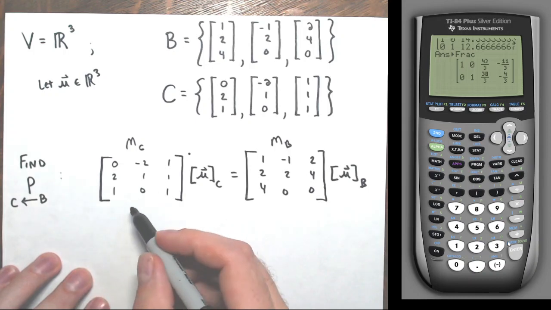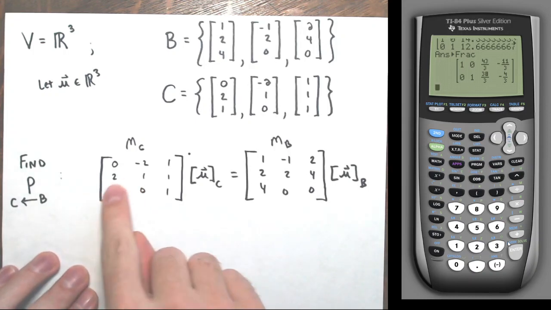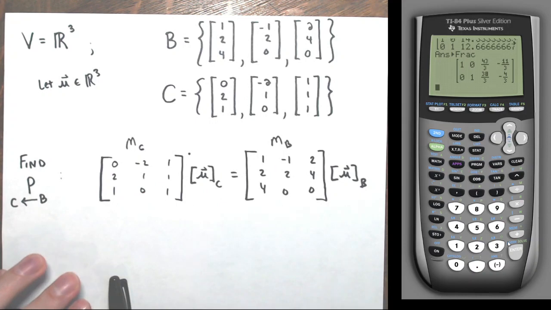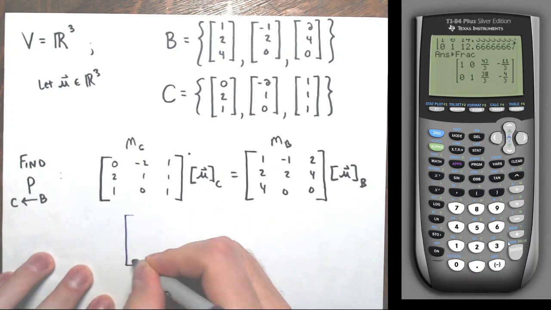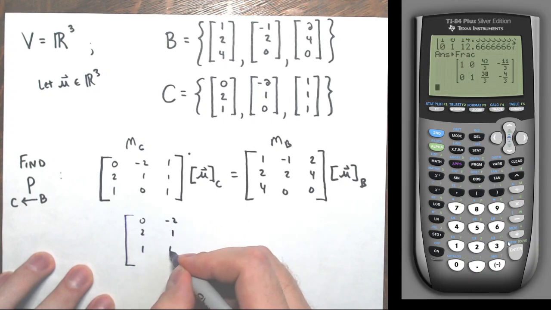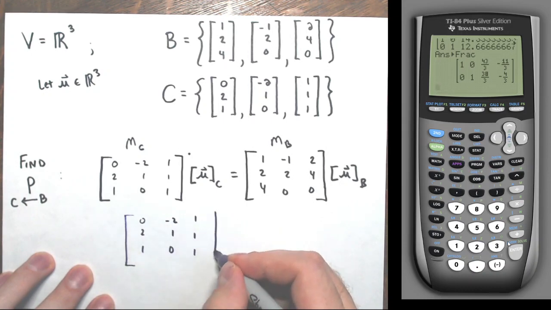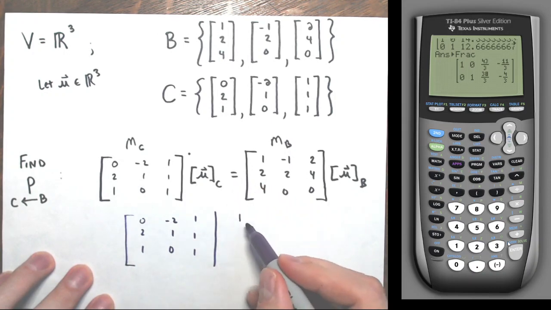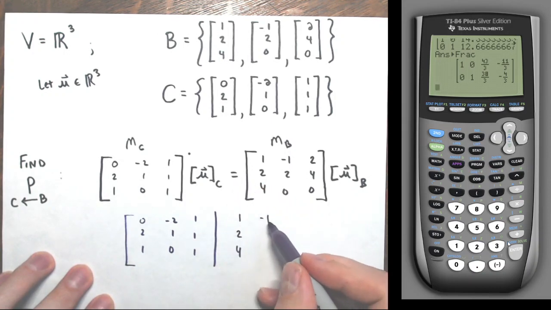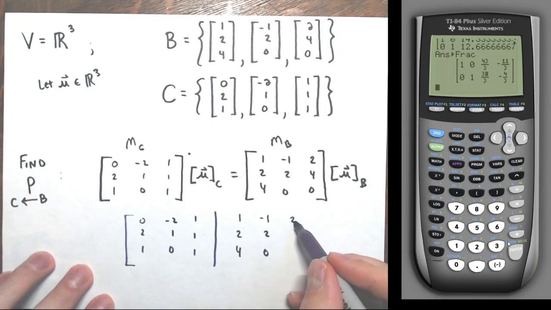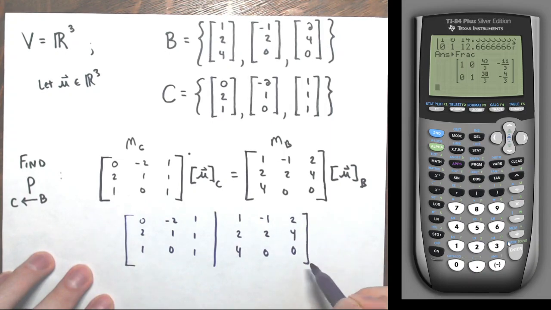Again, a quicker way to do that, instead of finding the inverse and then multiplying both sides by it, is to do that augmented matrix where I have MC on the left, bar with the equals, and then MB on the right. And then we put this in reduced row echelon form.